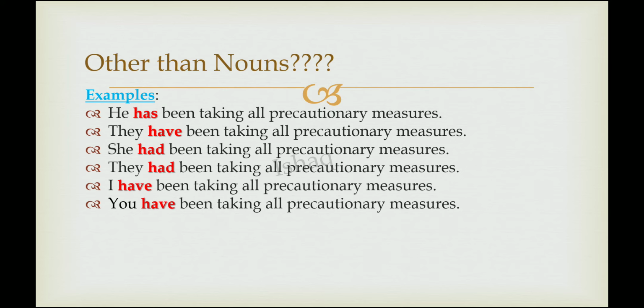For nouns we have already seen, like apple, apples, how to use the have forms. But here the subject is not a noun, it's a pronoun. So how to use it here? He, she, it, I, you, and so on. There are a lot of different types of pronouns that we'll discuss in a separate video on pronouns.